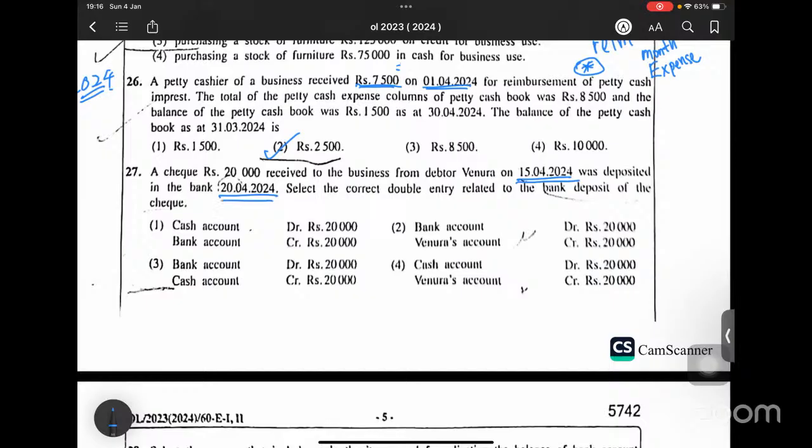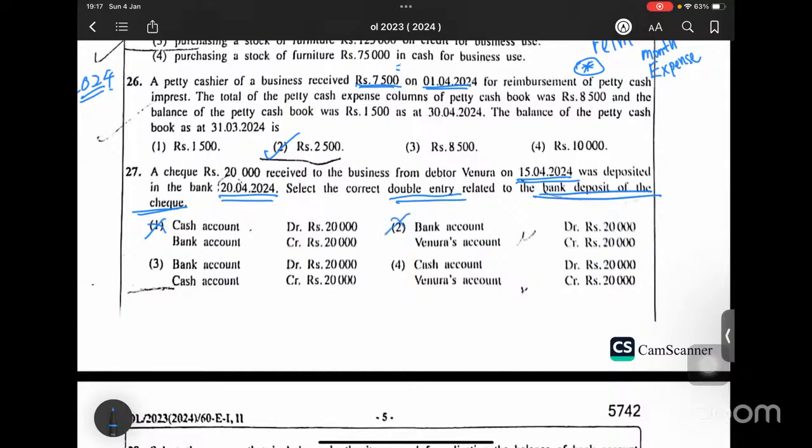Select the correct double entry related to the bank deposit of the cheque. So when they are depositing the cheque in the bank, what will be the double entry? Cash account 20,000 debit, bank account credit 20,000? No.